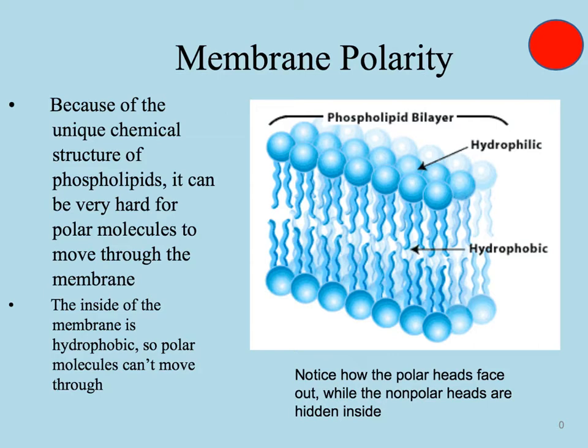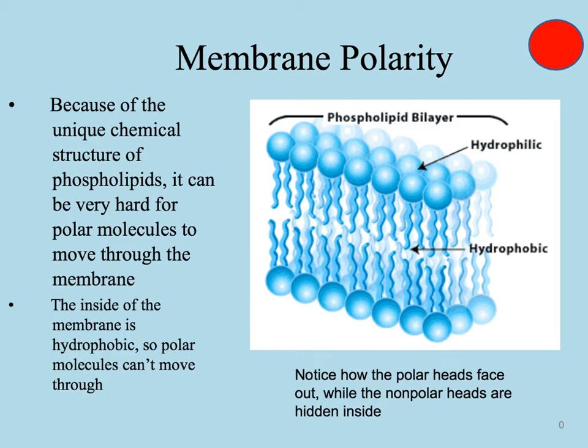So the function of the cell membrane is to control what enters and leaves, and it's related to its structure. So the phospholipids, if you notice here, there are these little spaces where a small particle, like my little red circle that I showed you in the picture before this, those little red circles can move through because they're small enough to go through those little spaces.